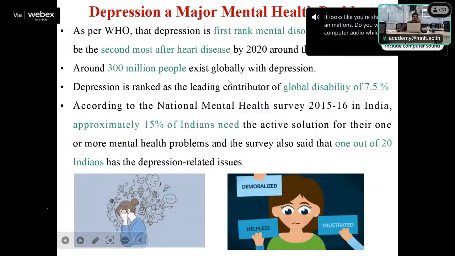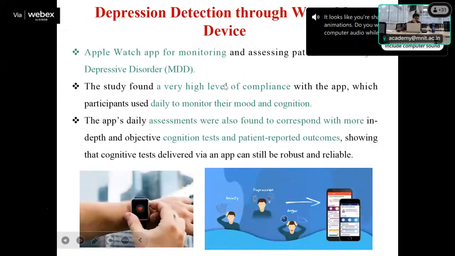Currently we have observed that depression is very prominent in students' lives. Being at an NIT, we have observed that many students in the first year and second year are suffering from depression. So that problem has to be solved.